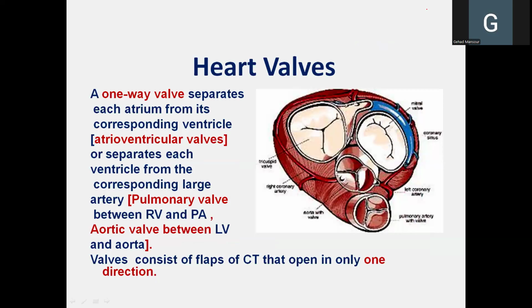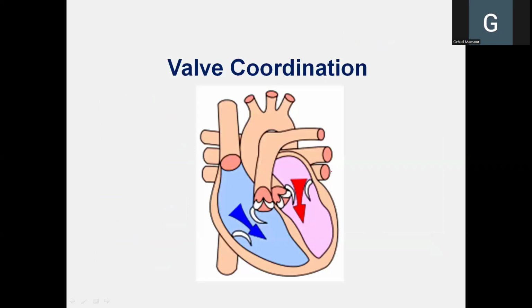In this slide, we're going to see a transverse section of the heart, or a cross section of the heart. In that transverse section, we make sure that the four internal valves of the heart appear, meaning that our section will pass through the four valves, because you can see here the tricuspid valve on the right side.